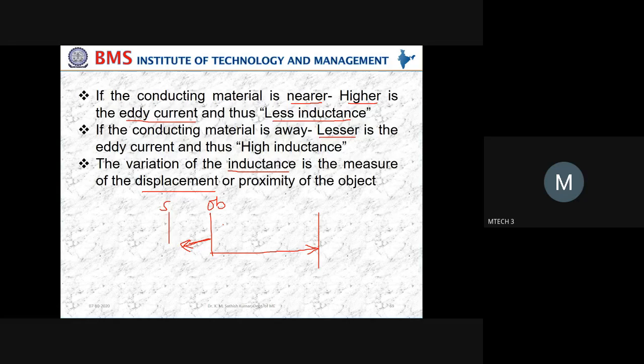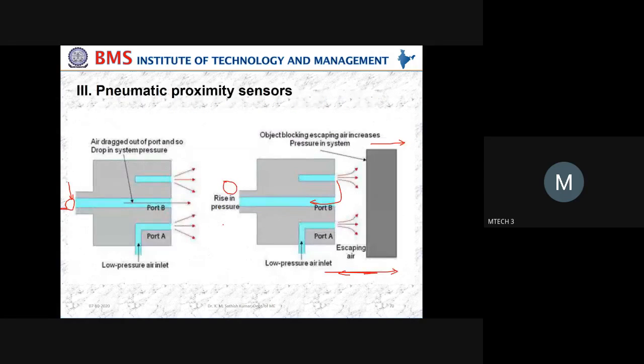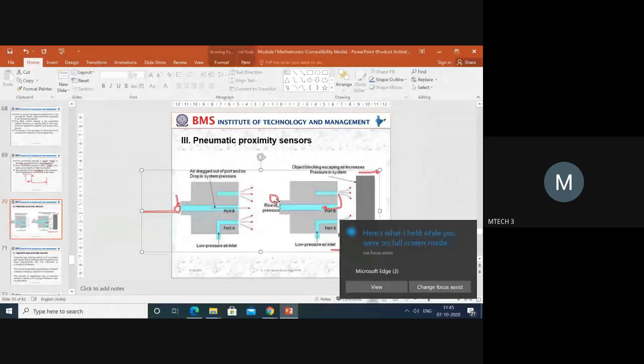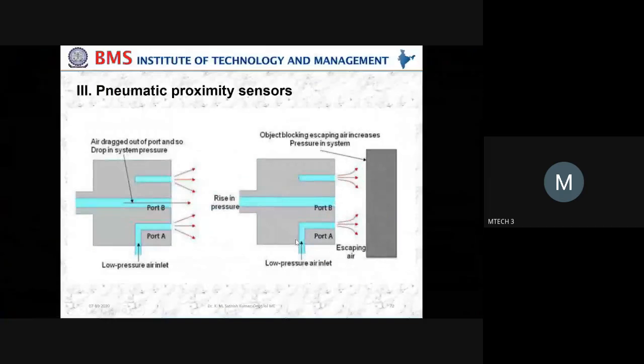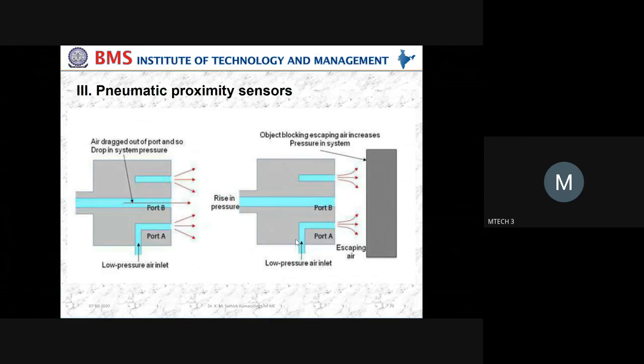Right. Now one more we will go through. The third one is called the pneumatic proximity sensor. Just observe, it is called a pneumatic proximity sensor. In the pneumatic proximity sensor also, you are going to measure the distance of the object with reference to the sensor.